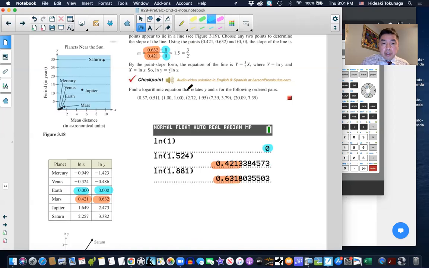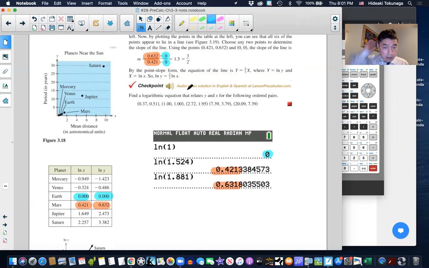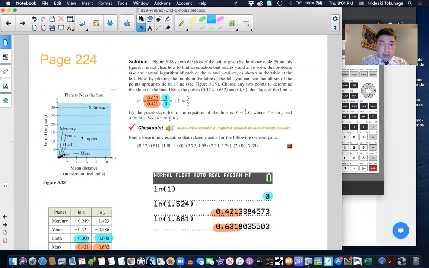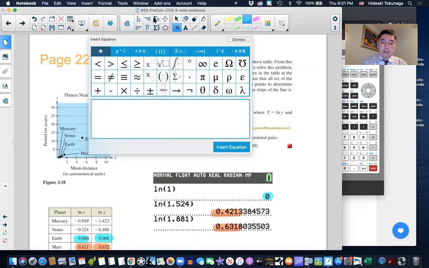So you can rewrite the equation. Natural log of y can be explained, as they say for AP Stats class, as m times natural log of x, where m is the slope.